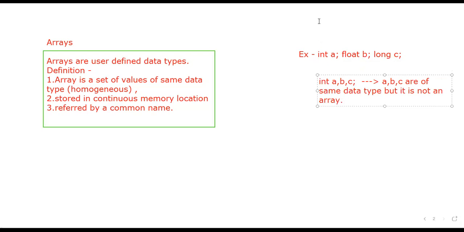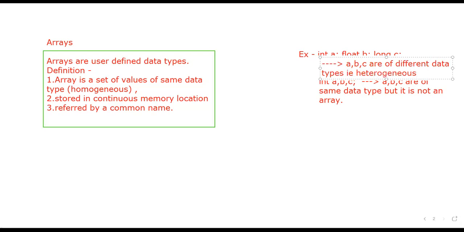Now, see here. In this example, A, B, C are of different data types, that is heterogeneous.